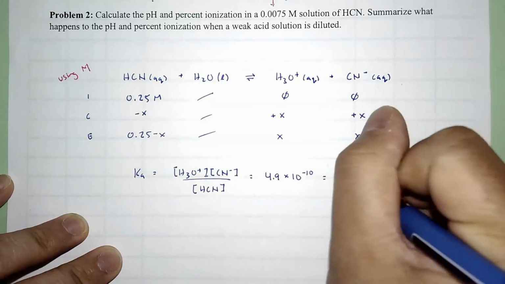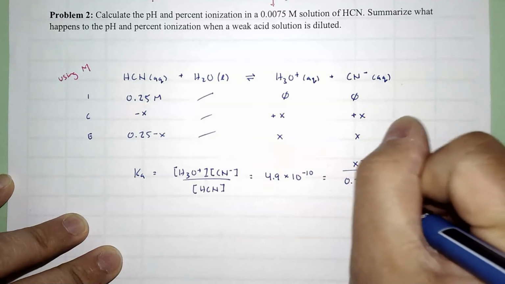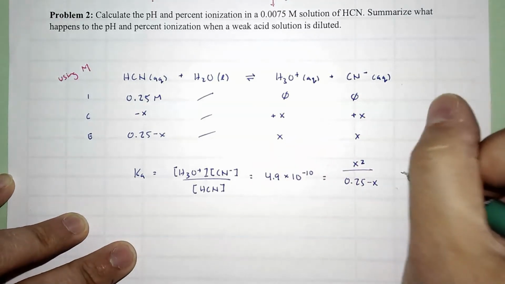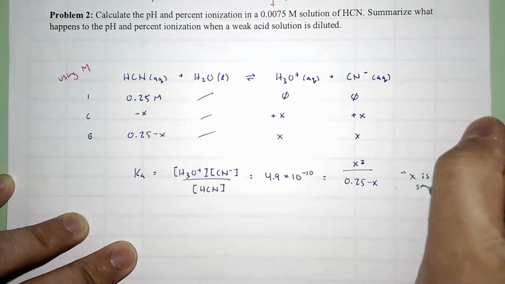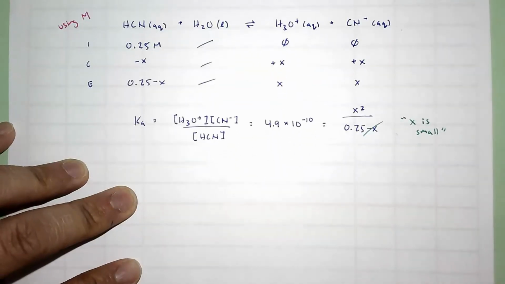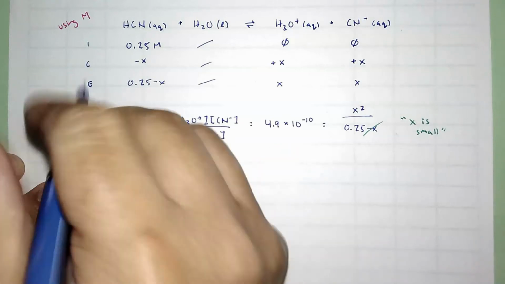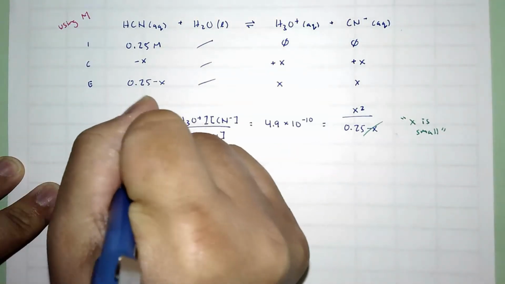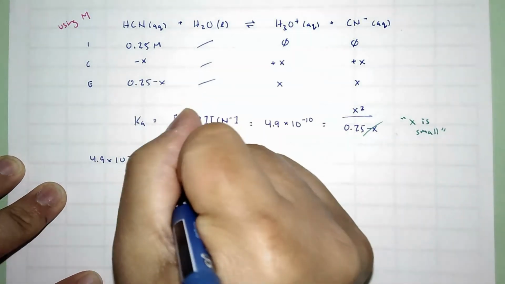So products, right? Those two multiplied as x times x, and we have 0.25 minus x. If I use the x is small approximation, I want to make sure my graders know that that's what I'm using, and I cross it out. I typically rewrite it way to the left: 4.9 times 10 to the minus 10 equals x squared over 0.25.